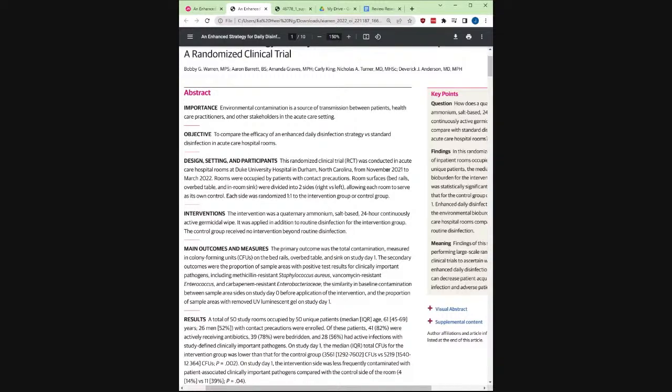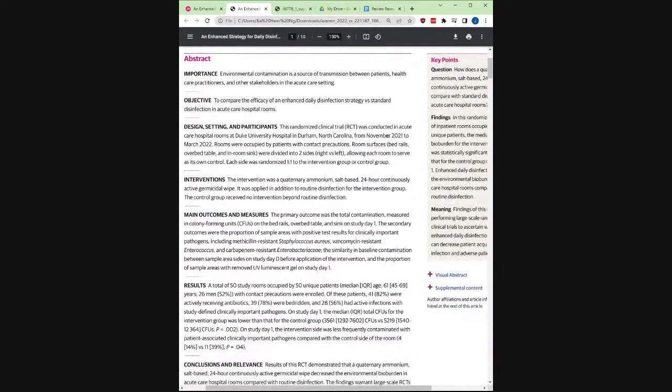Maybe one patient has a different bacterial flora, another one has a different one. So this is quite an interesting way to think about, when you design trials, how do you make sure everything else is equal? Here, there's only one room, and they split it in half.